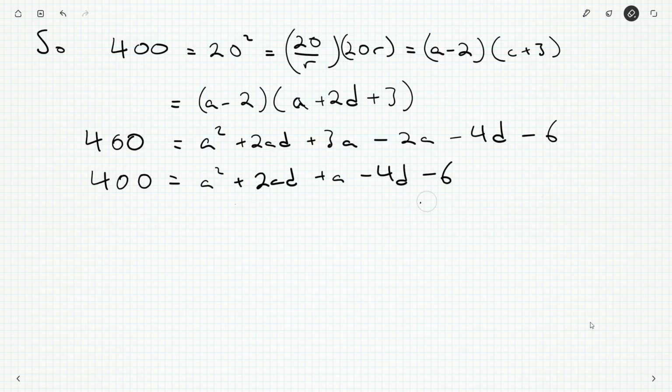I'm not saying you can't do it the other way, but I don't want a D under a square root sign right now. So I'll try this instead. We'll keep the D's all together. So 400 plus 6 minus A squared minus A is 2A minus 4D.